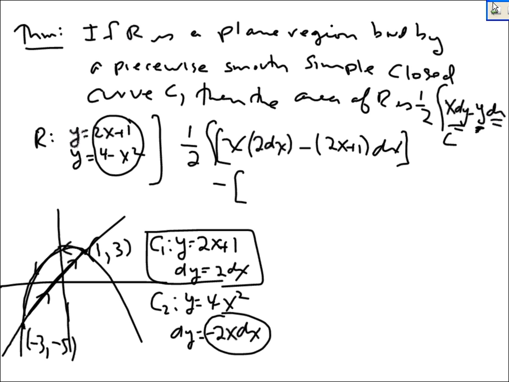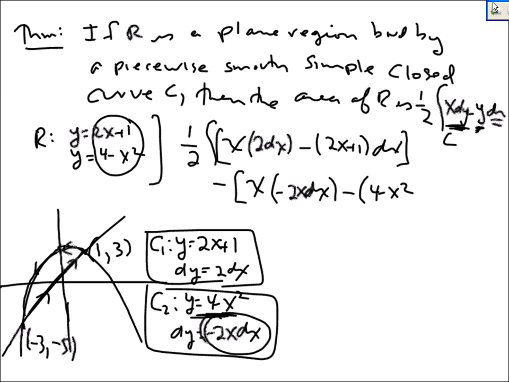minus, now we go over the other curve, C2. X times dy, where dy is negative 2x dx, minus y, which is 4 minus x squared, times dx.